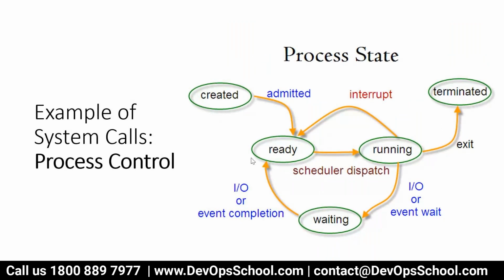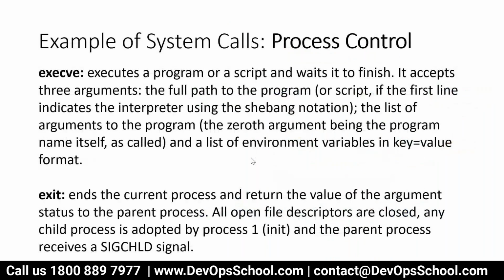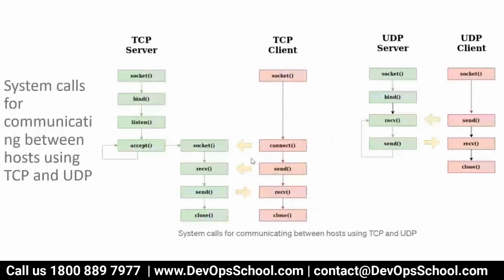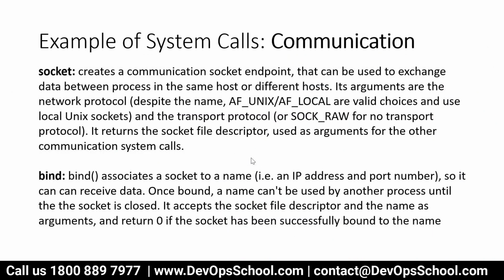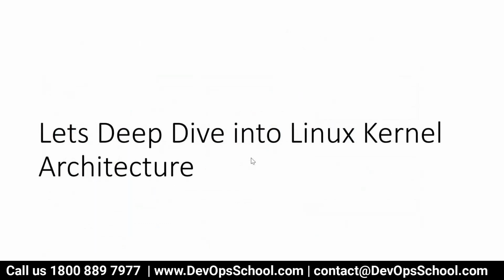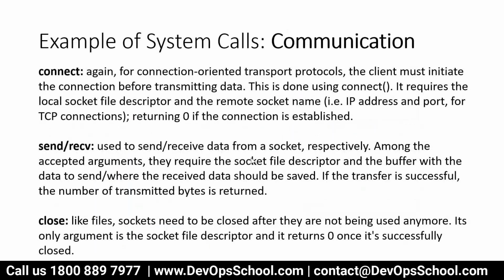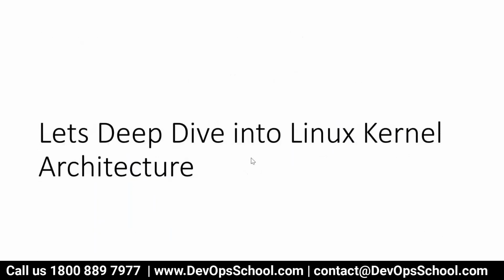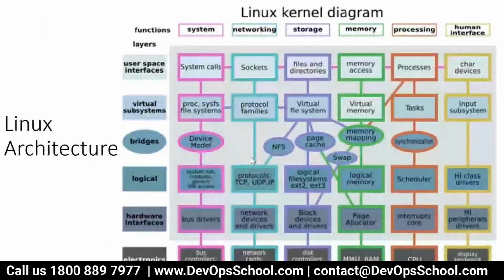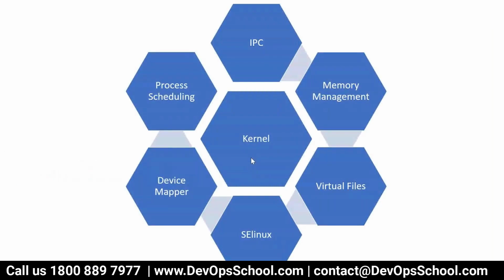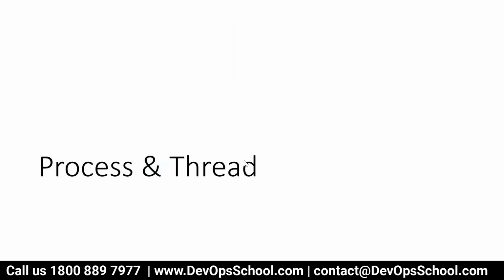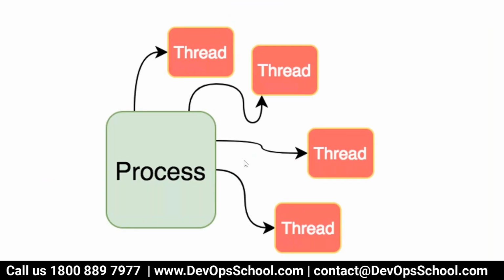Wait a second. I don't want to complicate things too much right now. I'll just go directly to what we have next: process and thread. So what is a process?